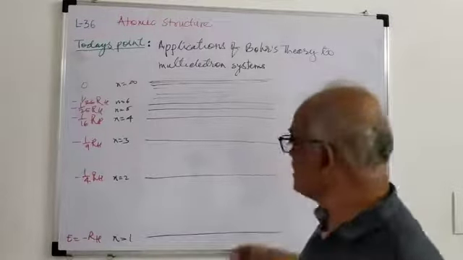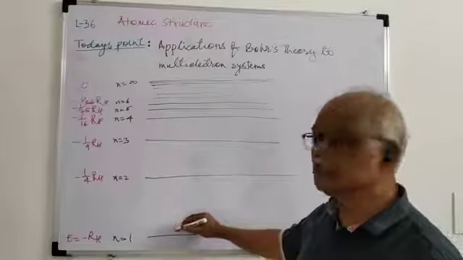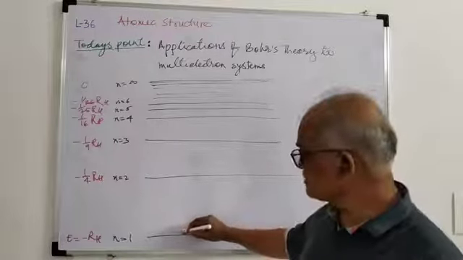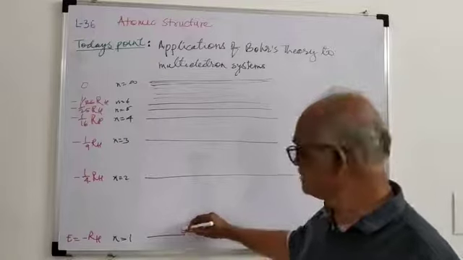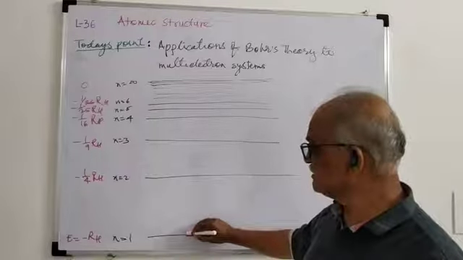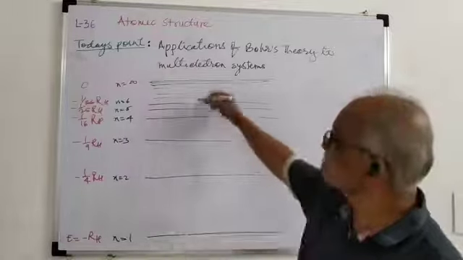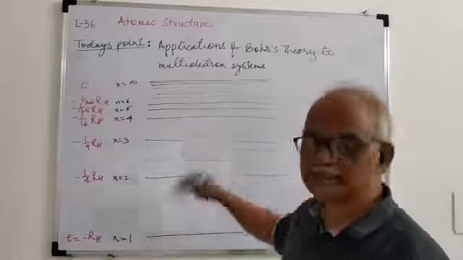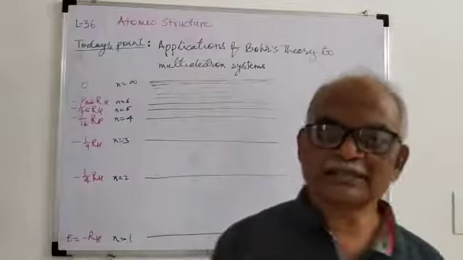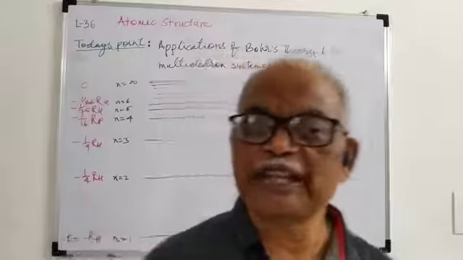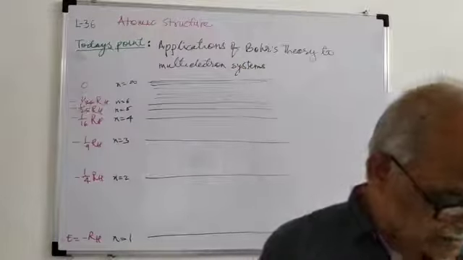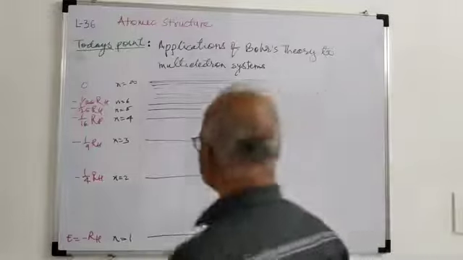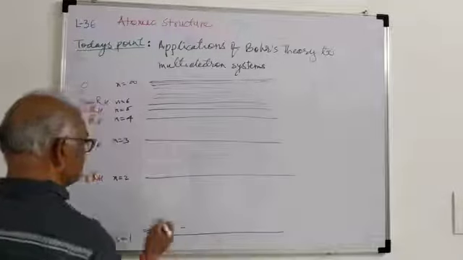Depending upon this, the energy is provided to the atom, because of which the electron in n equal to 1 will jump to a suitable higher energy level, and from there it will come back after losing a suitable amount of energy. As a result, we get the spectral lines.